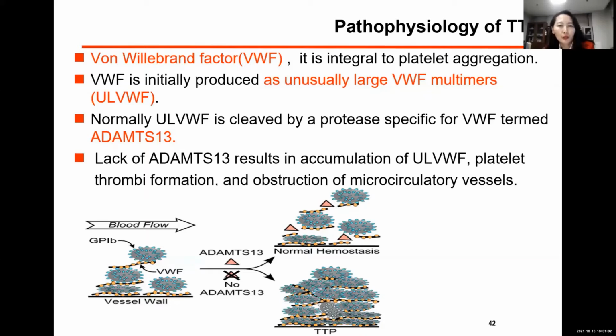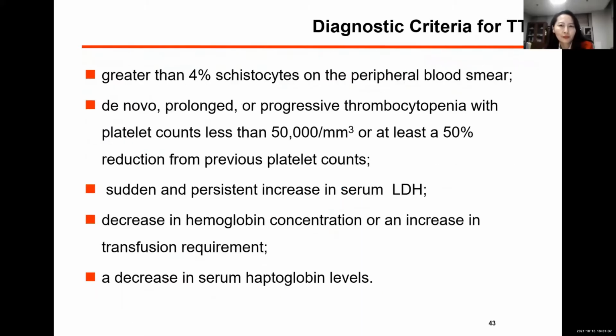VWF is initially produced as unusually large VWF multimers, ULVWF. Normally, ULVWF is cleaved by a protease specific for VWF termed ADAMTS13. Lack of ADAMTS13 results in accumulation of ULVWF, platelet thrombi forming, and obstruction of the microcirculatory vessels.